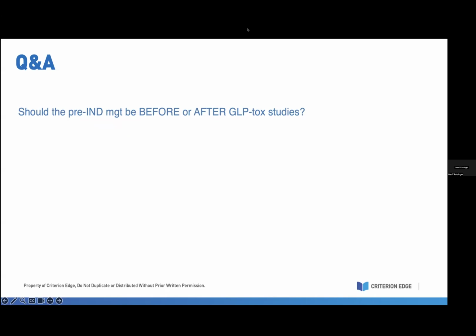The pre-IND is going to be during your study. So you will have designed your tox studies. You will have designed your animal studies. They will all be done under GLP because you're now going into human studies. So anything that you propose as your plan of what you will be running prior to submitting your IND is all going to be GLP. However, in the pre-IND meeting, you may have inherited an asset.